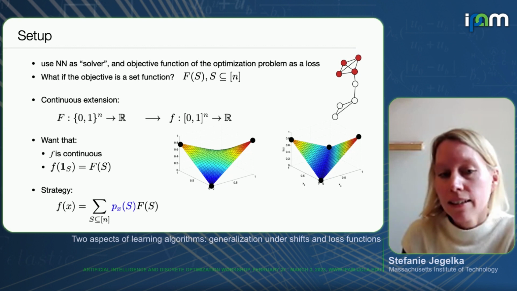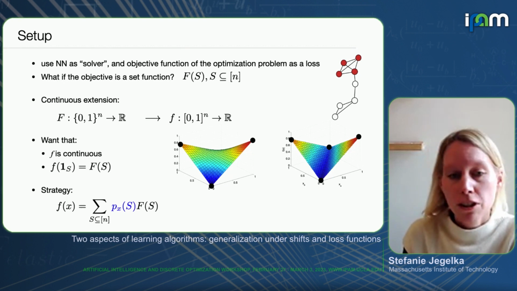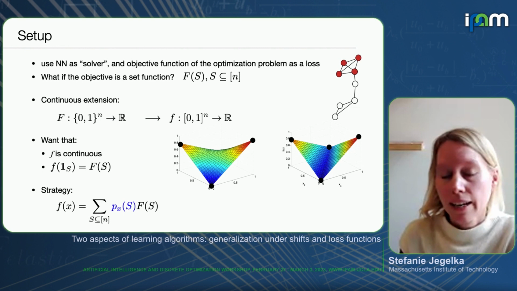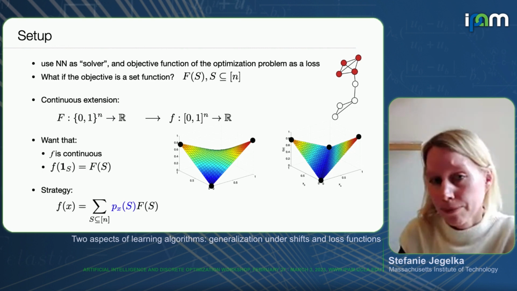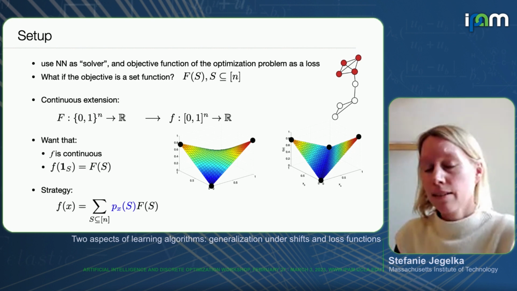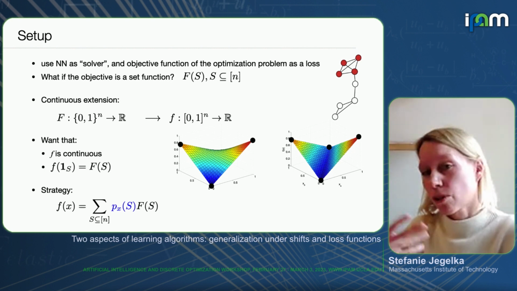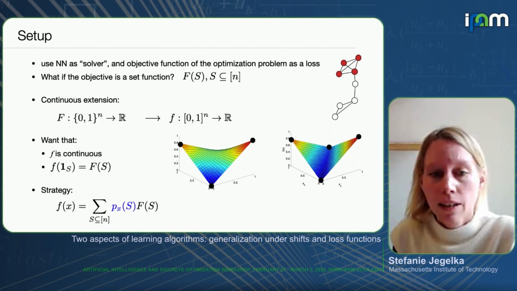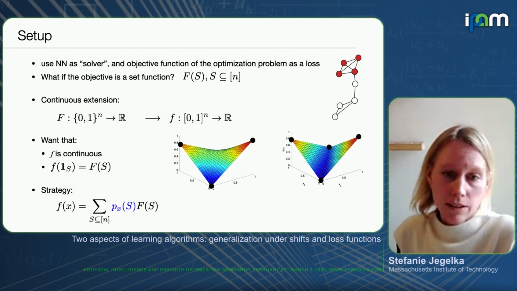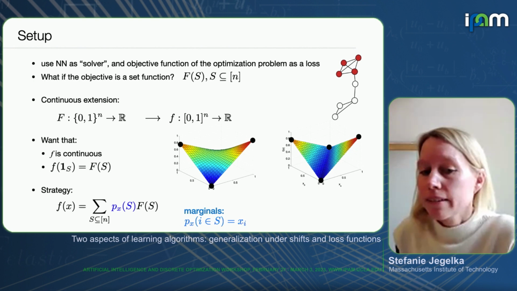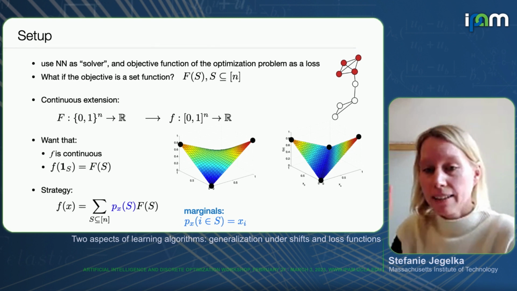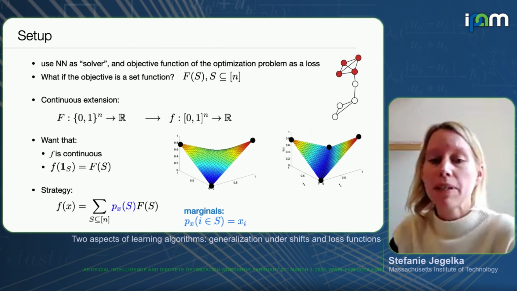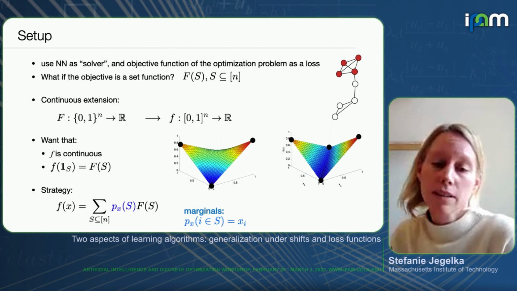So I'm defining a distribution over sets, which is parameterized by my x. x is a continuous vector in [0, 1]^n, where n is the number of nodes in my graph, for instance. I define this as an expectation. And I often also ask that x is actually the marginals of that distribution. So x_i, the i-th coordinate, is the probability of item i being included in the set.